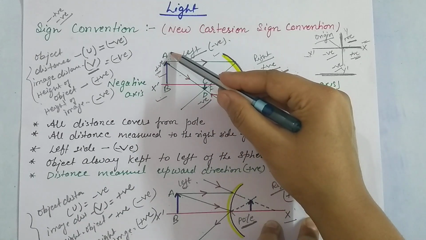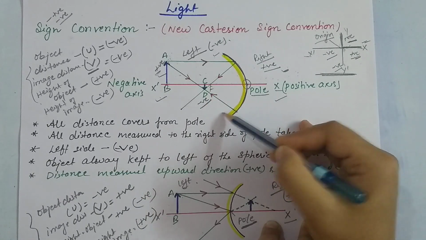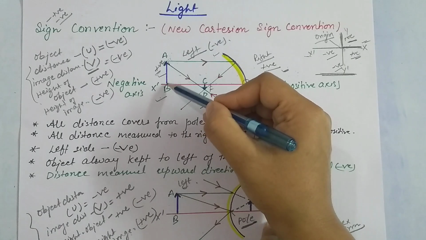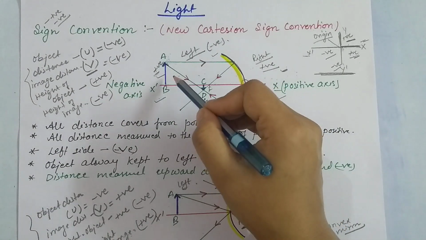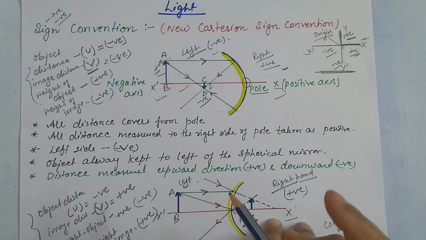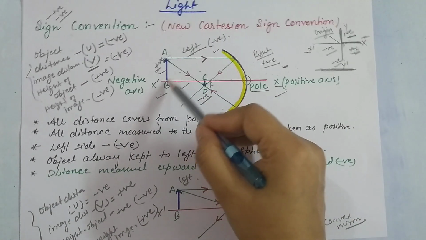Upward is positive, downward is negative. The second thing to keep in mind is that the object is always put on the left side of the mirror.